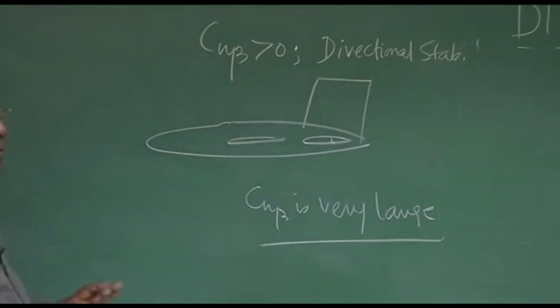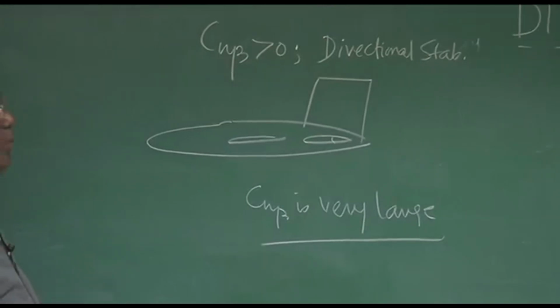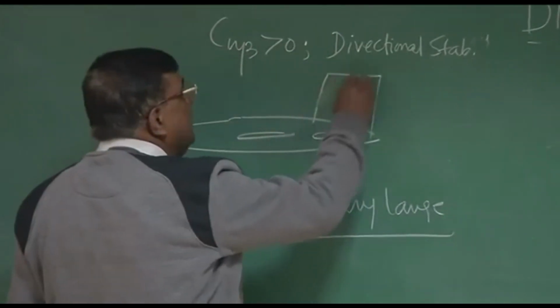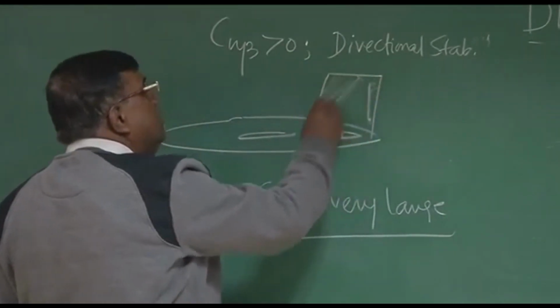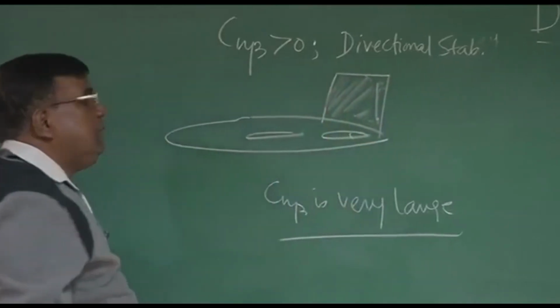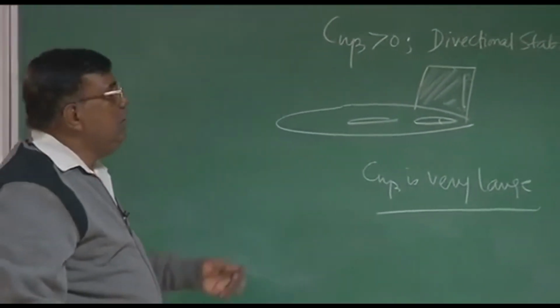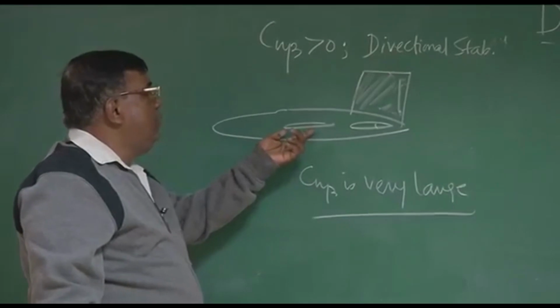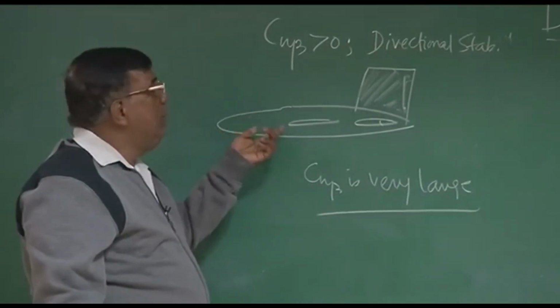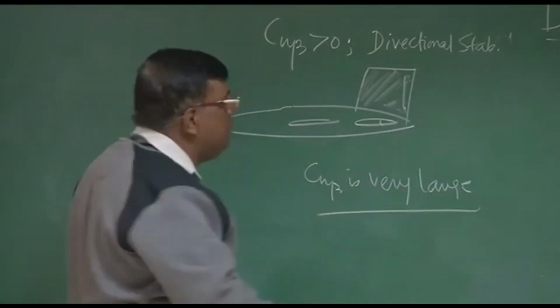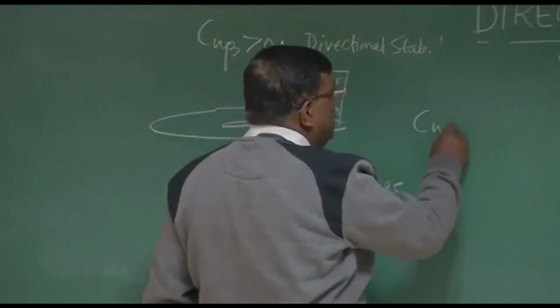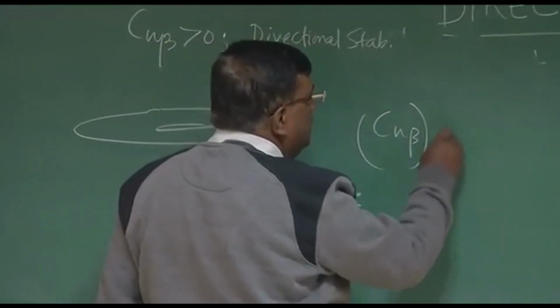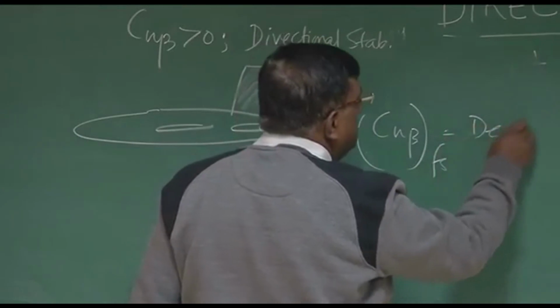So far, please take note, we have only computed Cn beta because of the vertical tail. And because we know that the primary contributor to directional stability is the vertical tail, you will soon see that there will be contributions from the wing and fuselage. Mostly the fuselage will be destabilizing. Cn beta for the fuselage is mostly destabilizing.